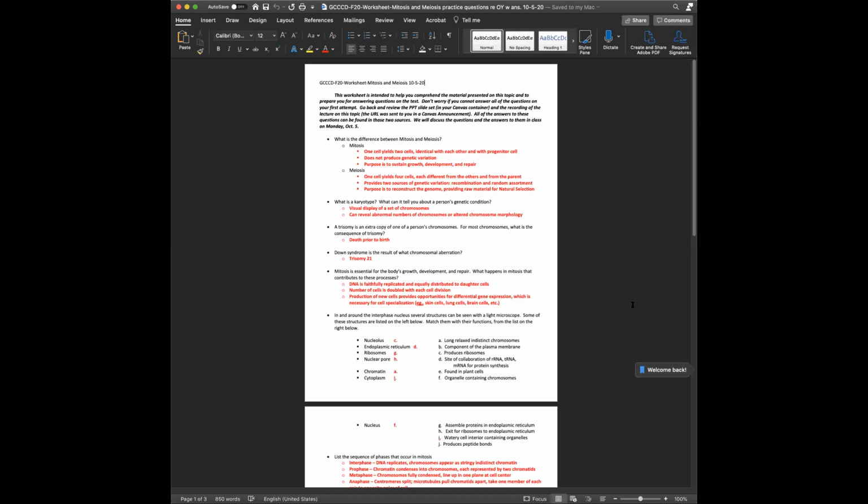Well, a change in karyotype, a gain of a chromosome, is called trisomy in a diploid organism. And what's the consequence of trisomy? For most of the 23 chromosomes, trisomy results in death. So the fetus never develops.